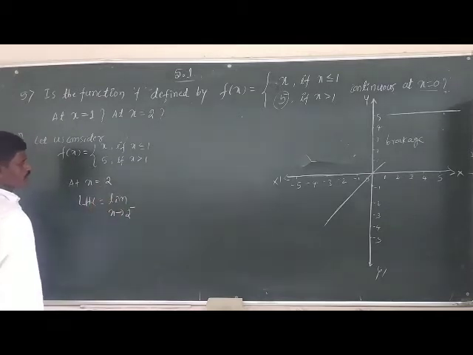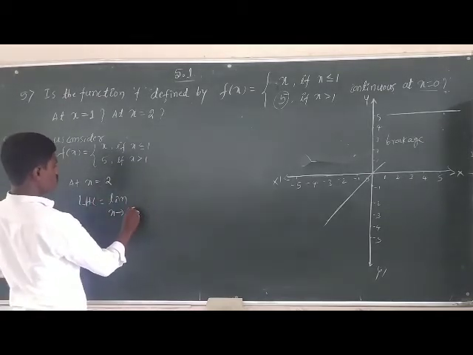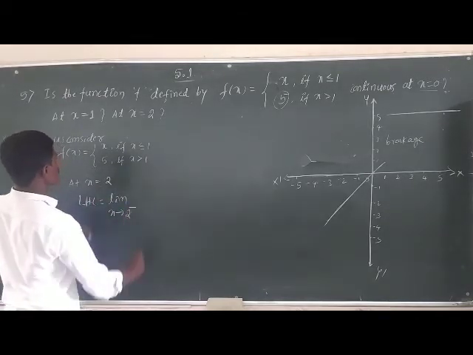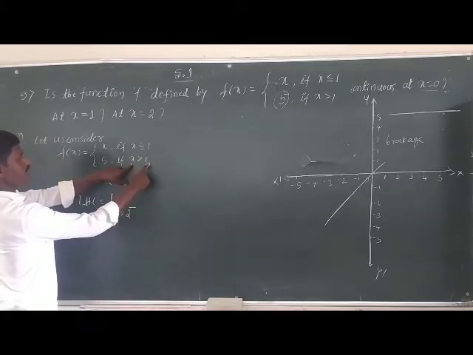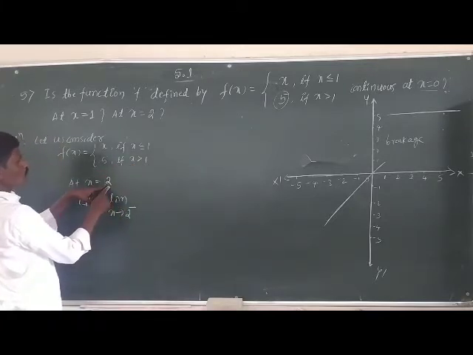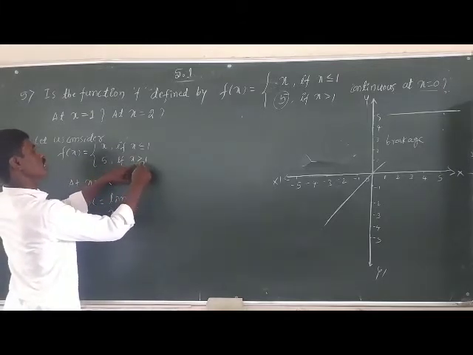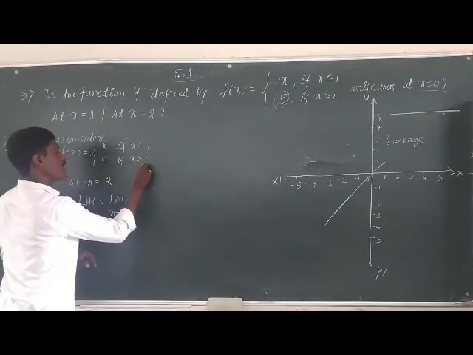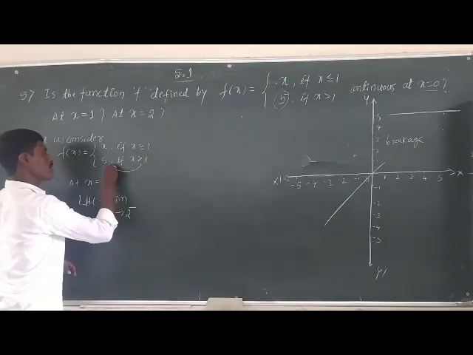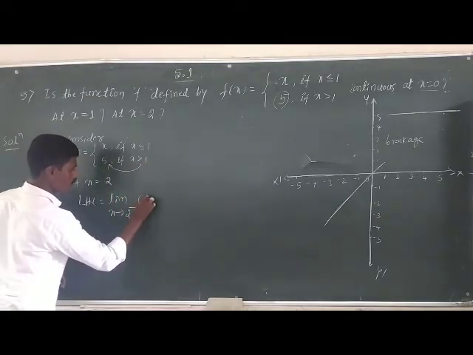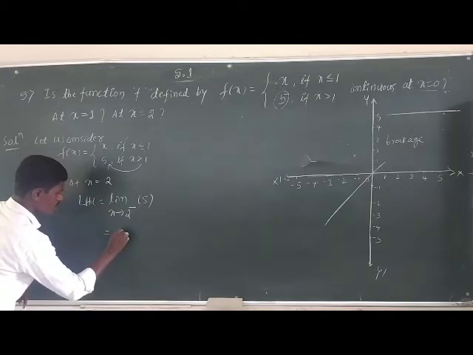For x greater than 1, meaning the value of x is 2, we consider the function for x greater than 1. On that occasion, the function is 5. Hence, its value is 5.